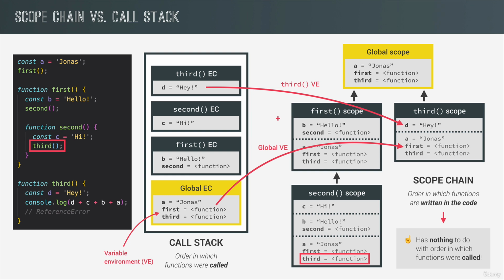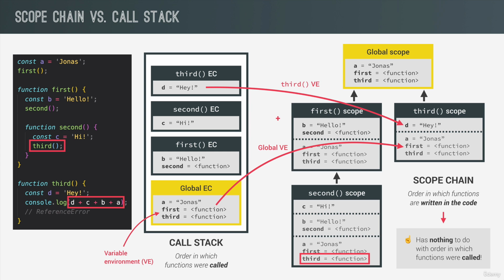Great, so what happens in this third function? Well, we're trying to access variables b, c, d, and a here. D is no problem because it's right there in the third function's scope, so that one is easy. Then variable c is not in a local scope, and so JavaScript needs to do a variable lookup. So it looks up in the scope chain, looking for variable c, but it's not there.